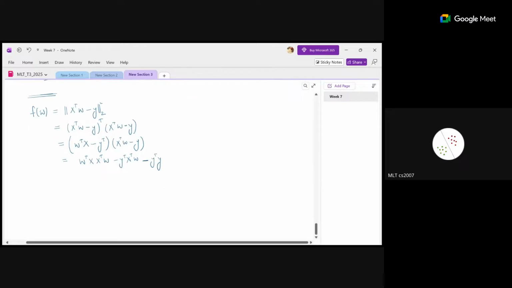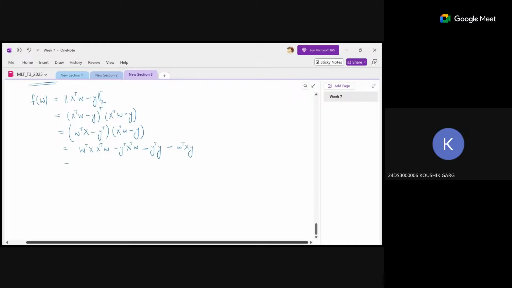So this is w transpose X X transpose w, minus y transpose X transpose w, minus w transpose X y, plus y transpose y. Sorry, I missed one term. And ma'am, it should be plus y transpose y, no? Yes, this is this.